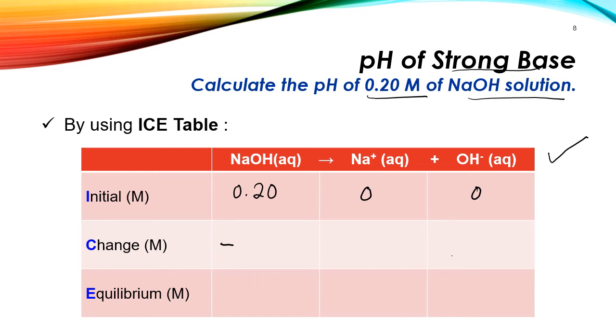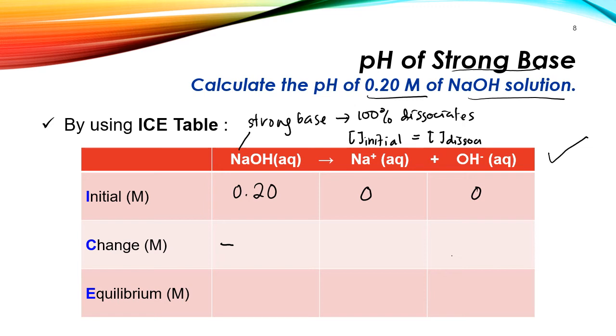But how much does the concentration of NaOH decrease? Take note that NaOH is a strong base. So for a strong base, the dissociation is 100%, which means the initial concentration that has been introduced in the reaction must equal the amount of concentration that has dissociated.